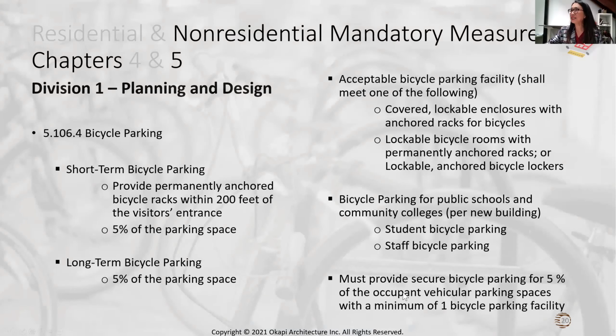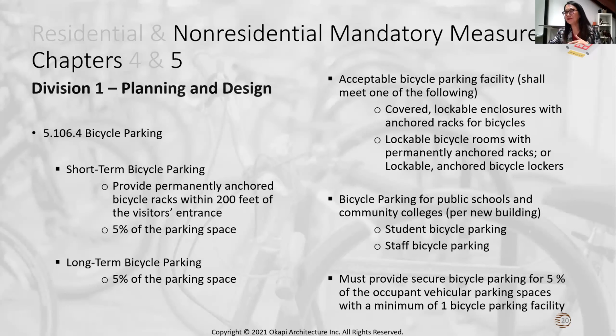And so bicycle parking, as we mentioned, is not required in the residential code, but there are requirements in the non-residential code. All the cities involved have their own local ordinances, so look at the local ordinance first before you look at CALGreen. The concept is there have to be 2 types of bicycle parking, short-term and long-term.